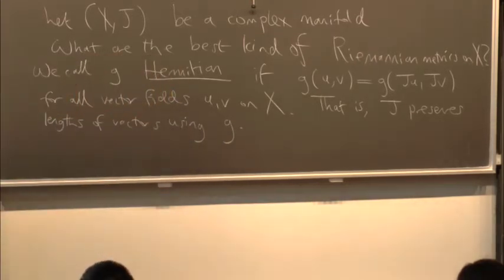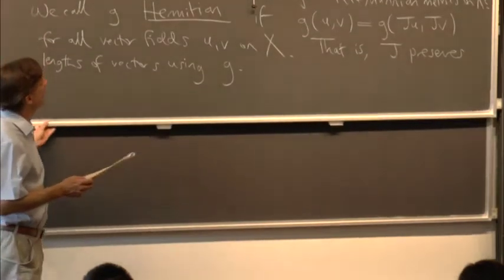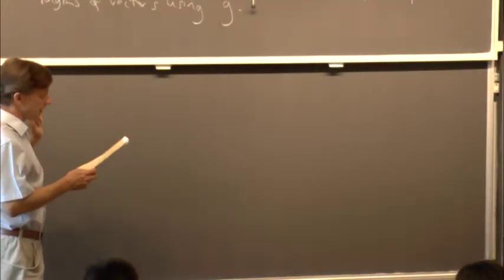We're going to want to impose an extra condition, which will be a partial differential equation upon the metric g, in effect. So let's suppose g is Hermitian.